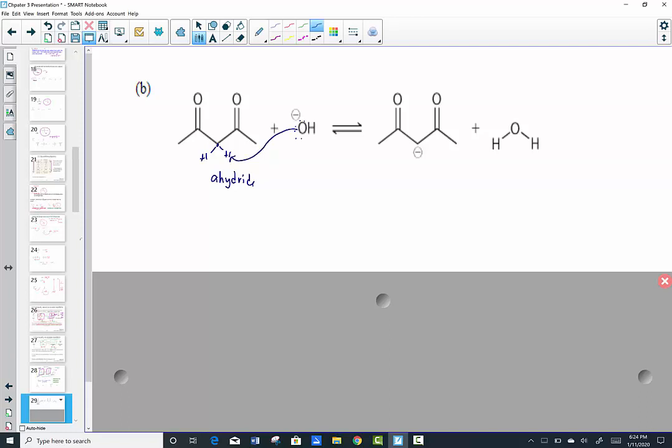Find the pKa values for the acids we just highlighted. Going to your chart, we see water has a published pKa of 15.7, and the anhydride has a published pKa of 9.0.